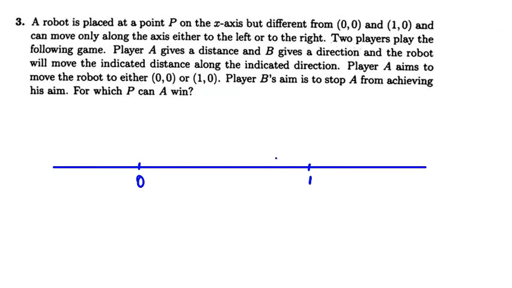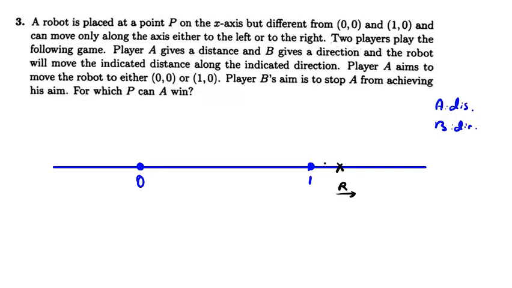Okay, so let's consider some points. For example, player A wants to reach these 2 points. Player A gives only the distance, and B gives the direction. Okay, so if the robot is at a point outside the interval (0,1), then if B says the direction is to the right, always to the right, then A will lose.